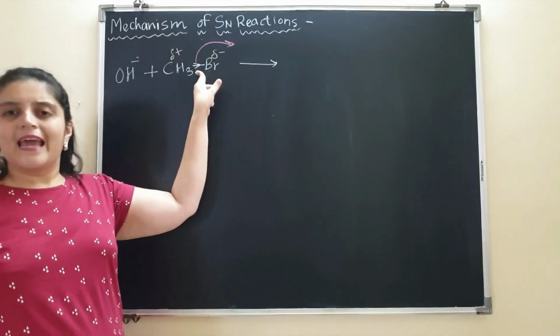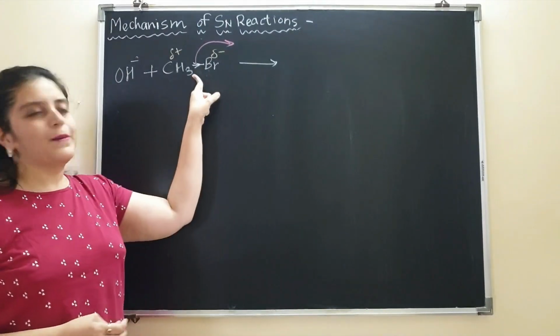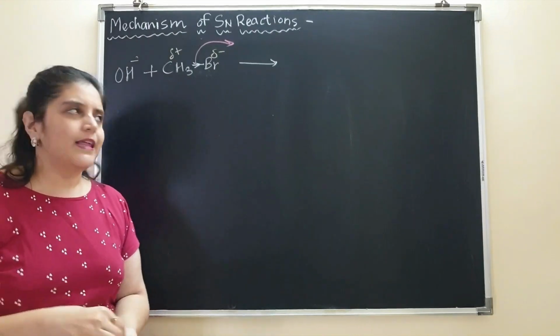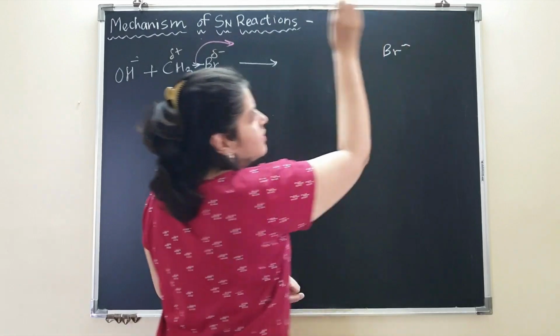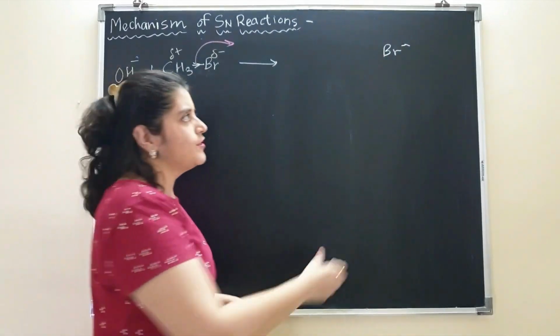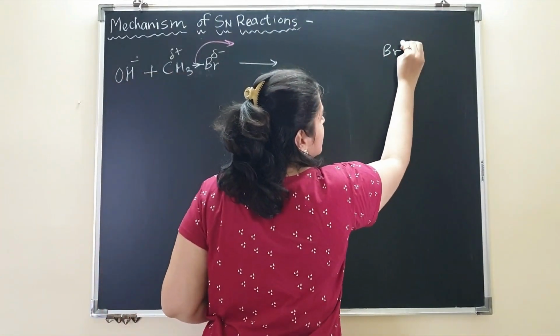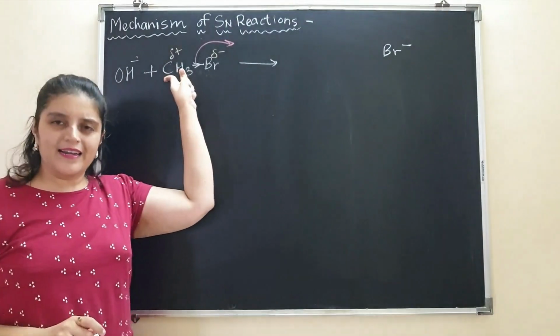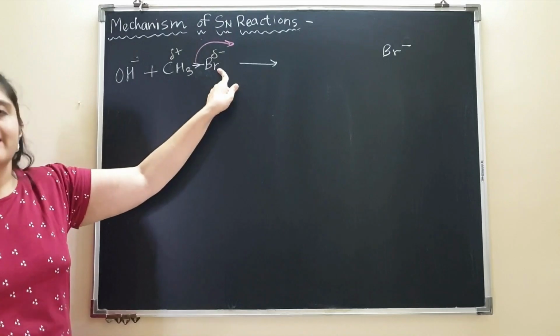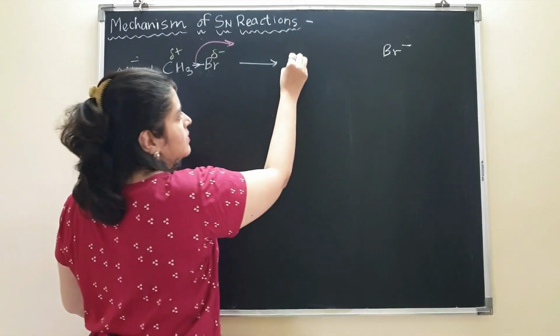So bromine will take away both the electrons which were present in the covalent bond. So therefore, bromine will carry a negative charge, Br minus, and this OH will attack this carbon atom and replace the bromine atom.